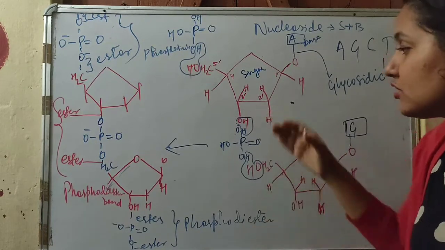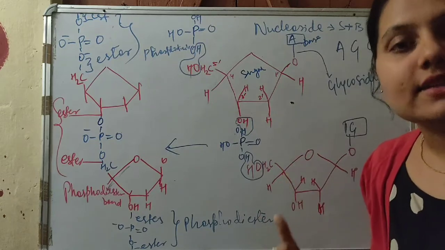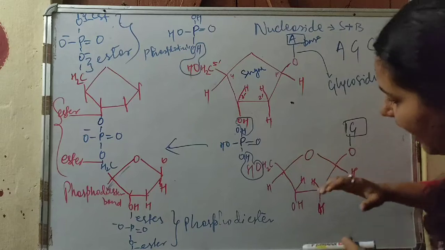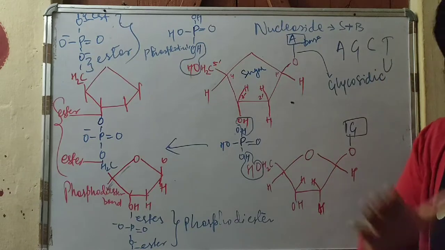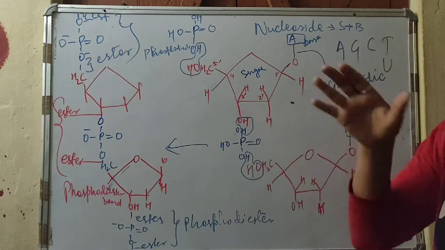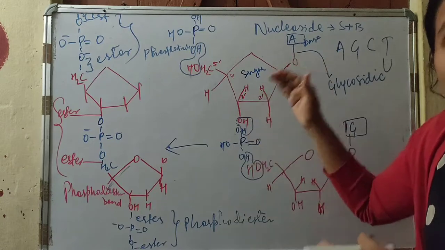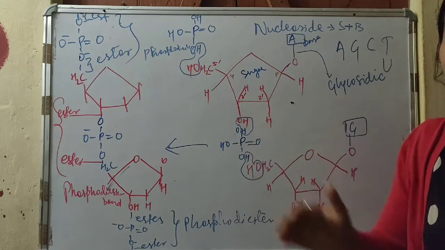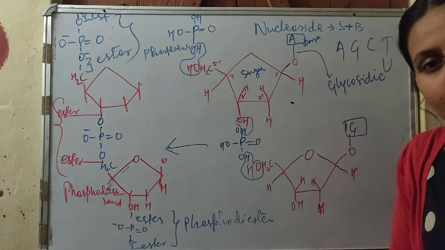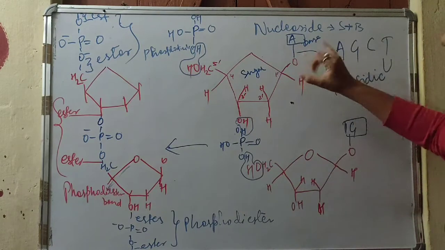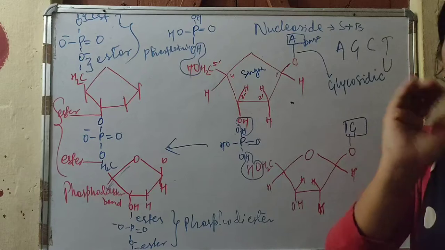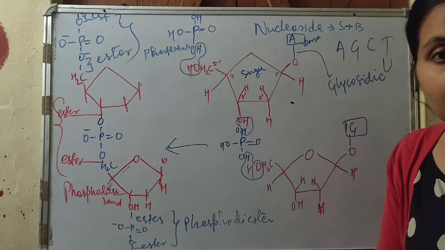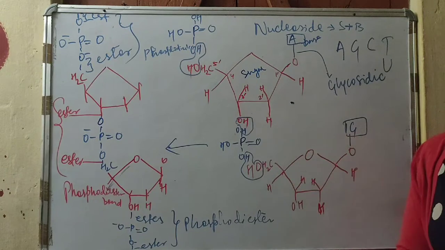That is why the bond is known as phosphodiester bond, right? This bond will be formed between each of the nucleosides, and in this way they make a chain, a chain of the nucleic acid. All right, and the sugar and the base are attached to one another with the help of a glycosidic bond. All right, this was only for today.